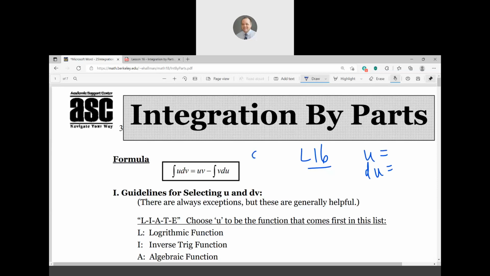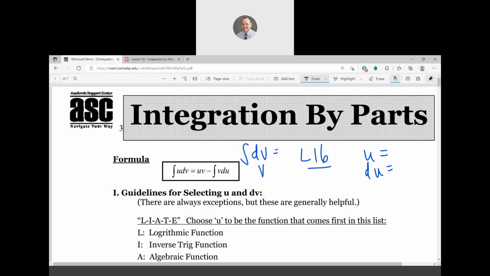And you label one of your given functions dv, and to find capital V, v as in violin, you just take the integral of what you let dv equal to. So the u part is the same, no change there, but dv to v is actually integration.